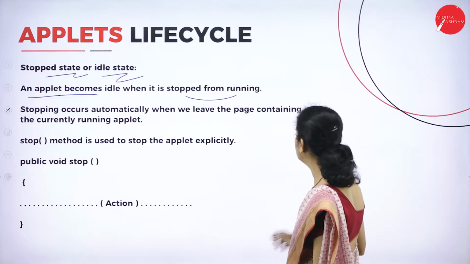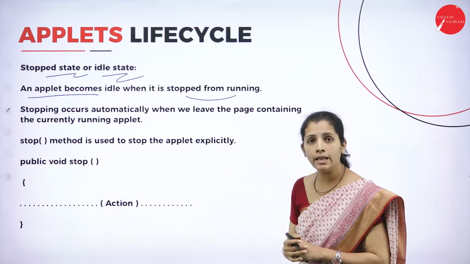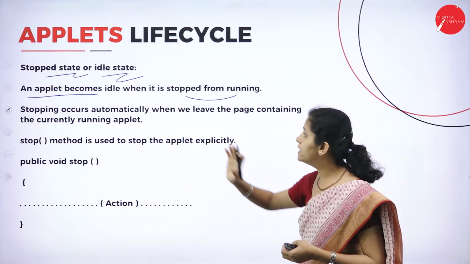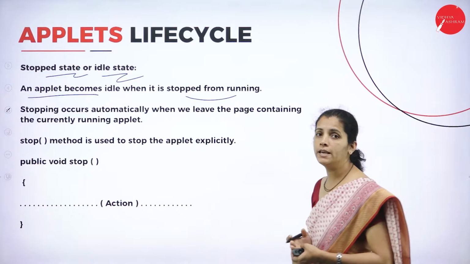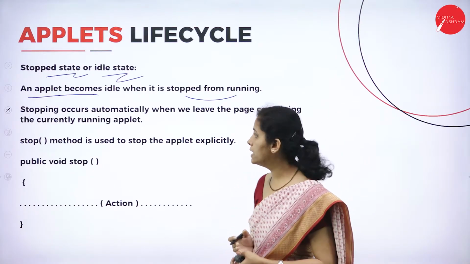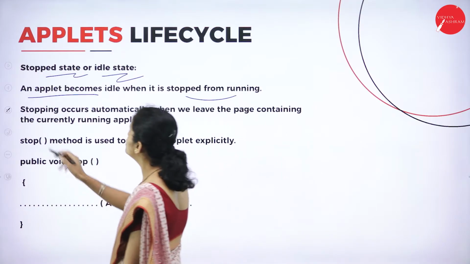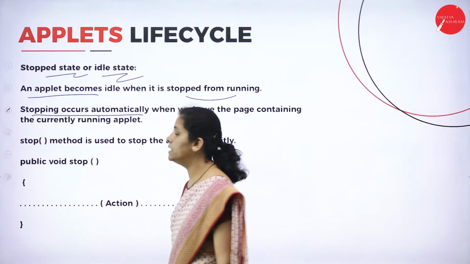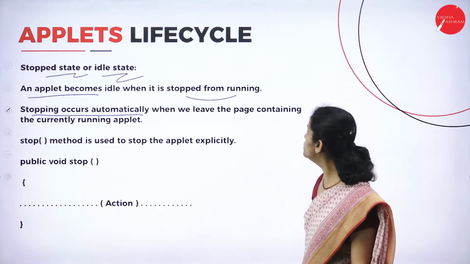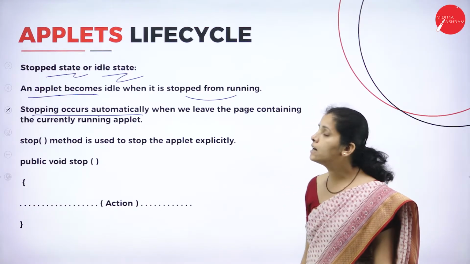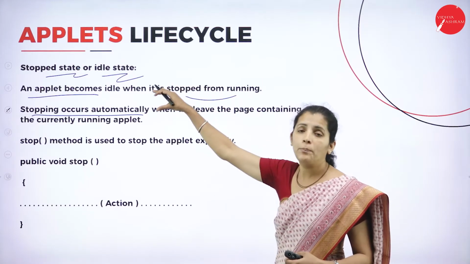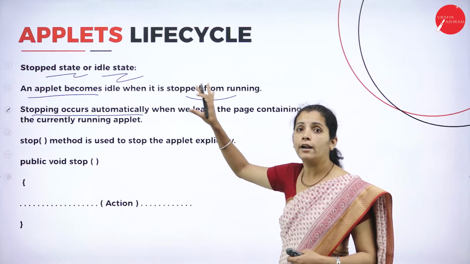For example, think that I'm going to have the calculator. When it is stopped, then it enters into the idle state. So what's the meaning of idle? That is nothing but stopping from the running state. Here stopping occurs automatically when we leave the page containing the currently running applet.